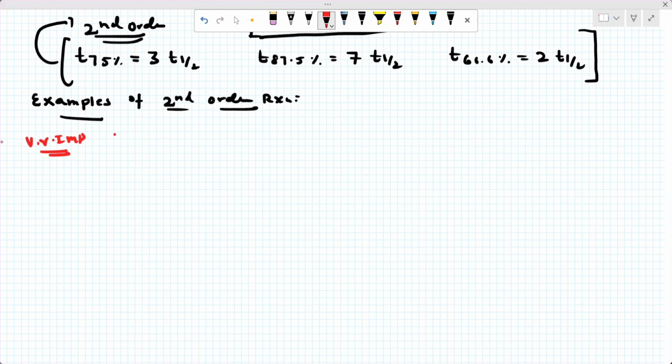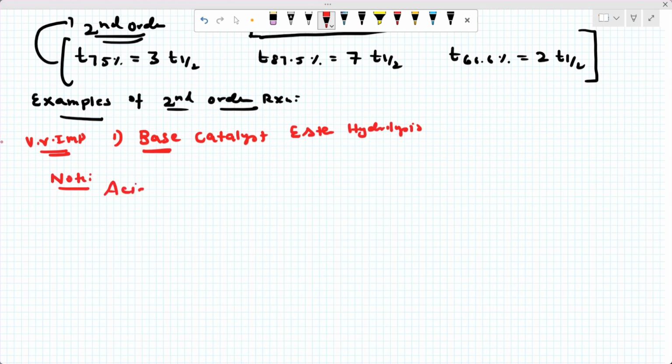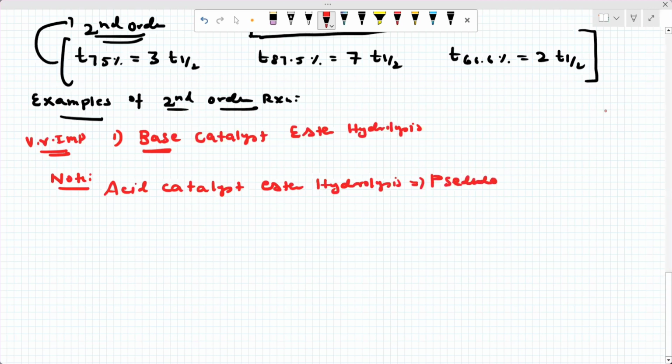Please note. First example, base catalyst ester hydrolysis, with OH minus as the base catalyst. This is a second order reaction. Note that acid catalyst ester hydrolysis is nothing but a pseudo first order reaction.